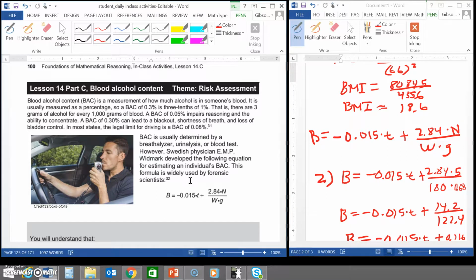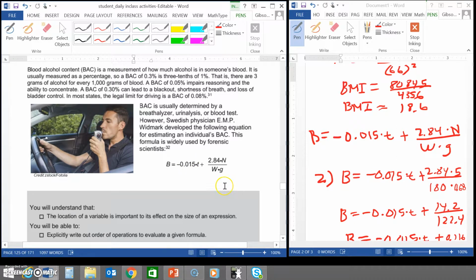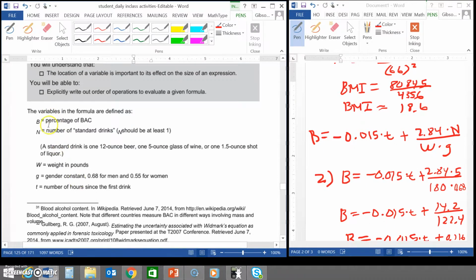However, Swedish physician E.M.P. Widmark developed the following equation for estimating an individual's BAC. This formula is widely used by forensic scientists. As you see here, we have B equals negative 0.015 times T plus 2.84 times N over W times G. These are what each of these mean. B is the percentage of BAC. N is the number of standard drinks.